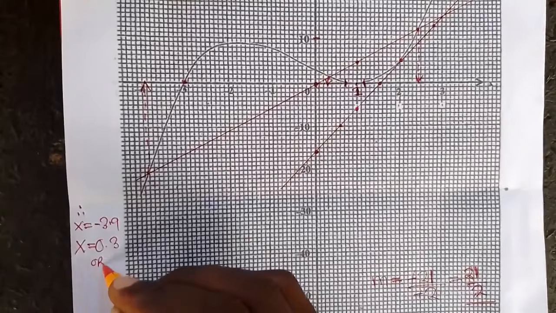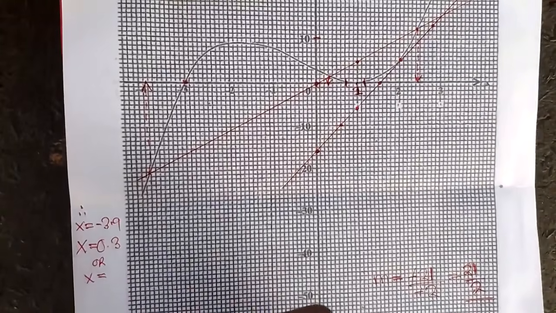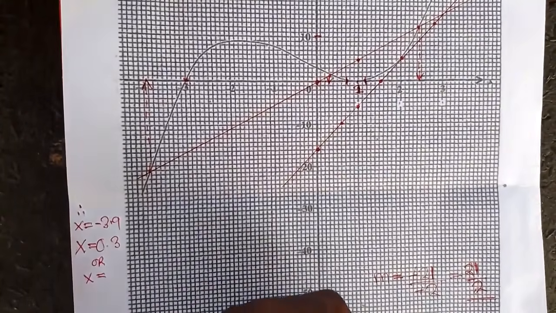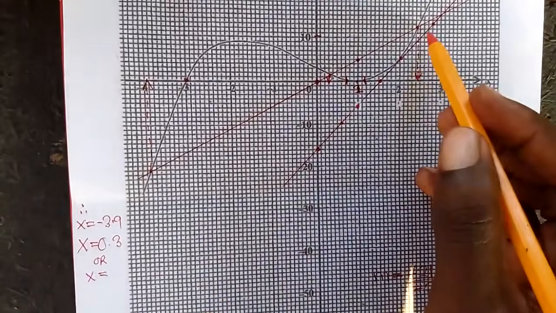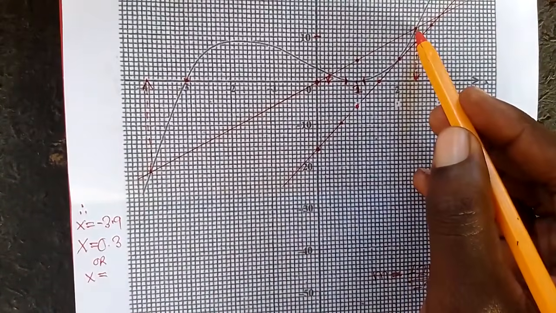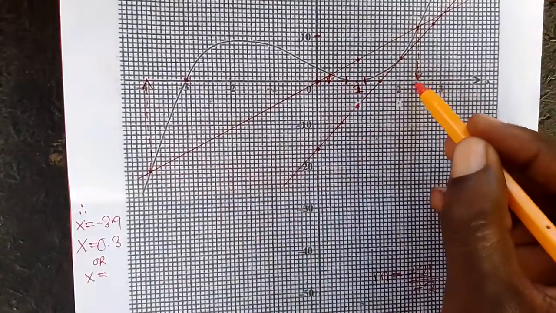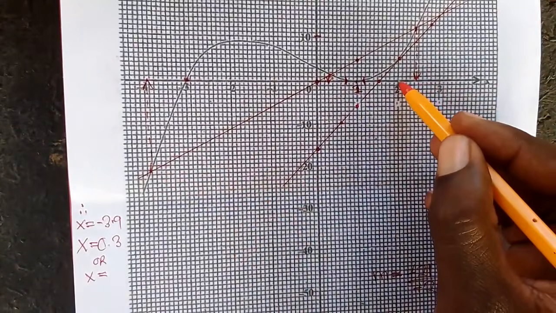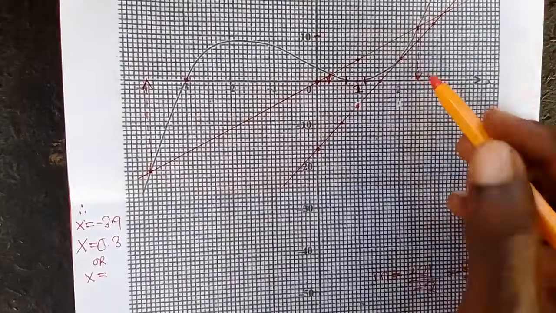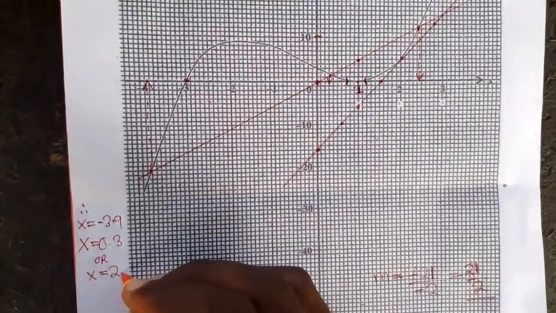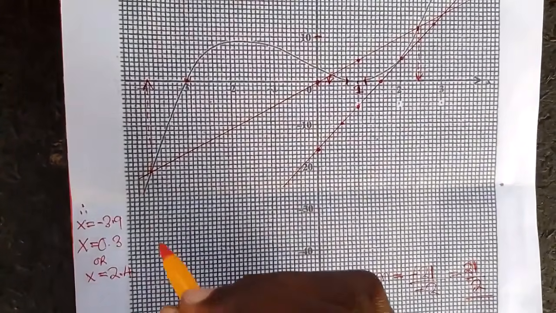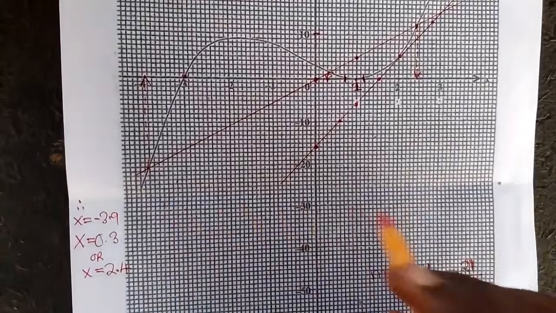Or x is equal to, here it was cutting there, and also there. So here it's 2, 1, 2, 3, 4. This is 2.4. So these are the answers for that question.